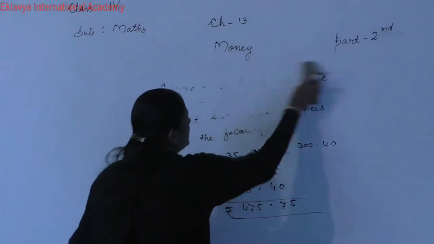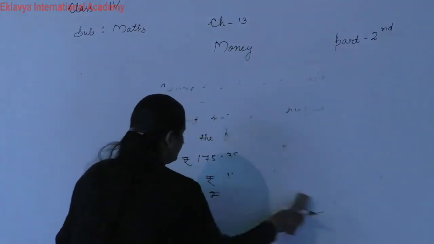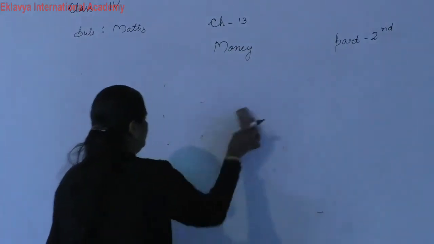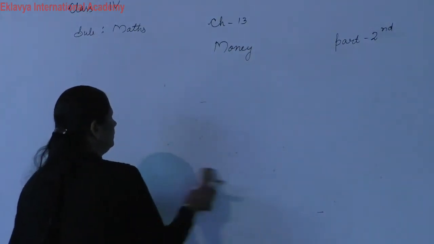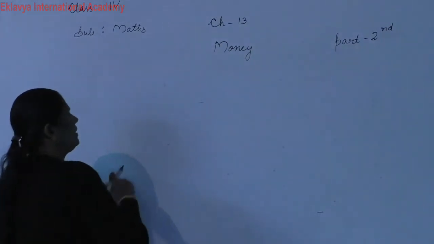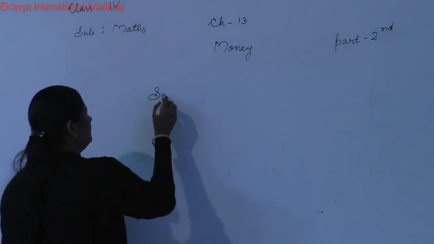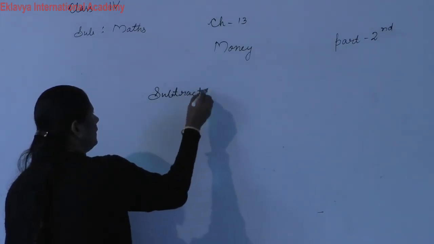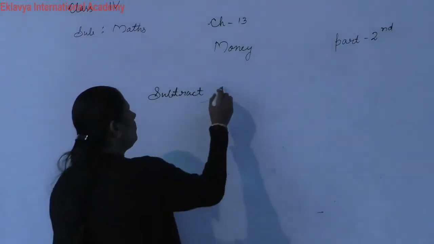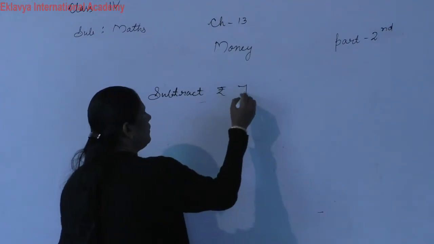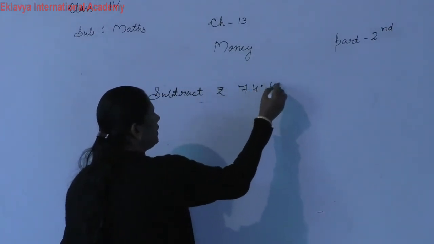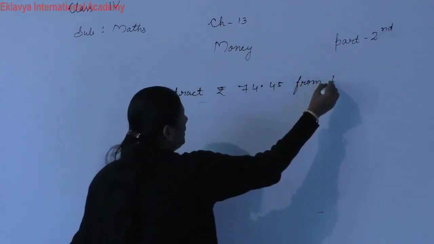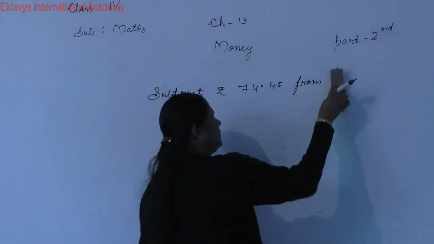Then how to subtract? Subtract rupees 74.45 from rupees 100.